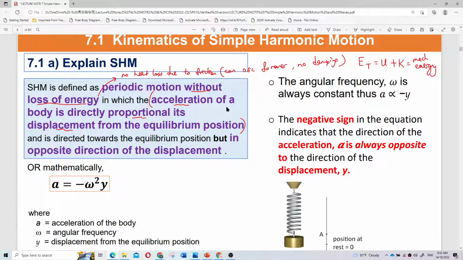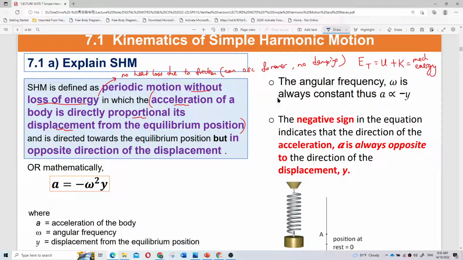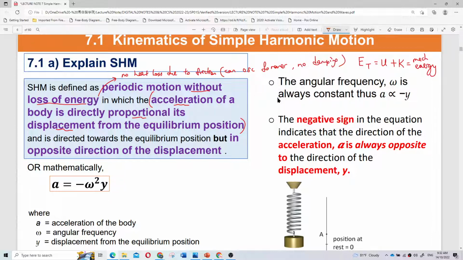How do you understand this? You can write it in this form. Let me change the color for a while. Okay, still red is better. Acceleration is proportional to displacement. Displacement we put as y, symbol y. There's a reason why we use y.